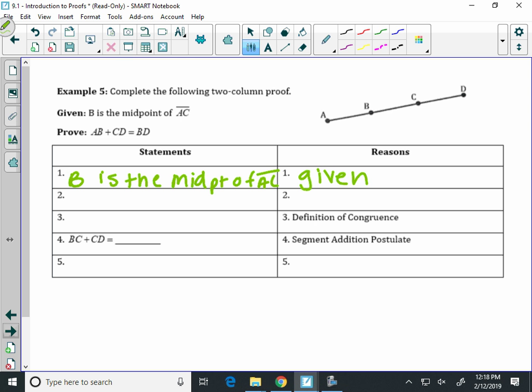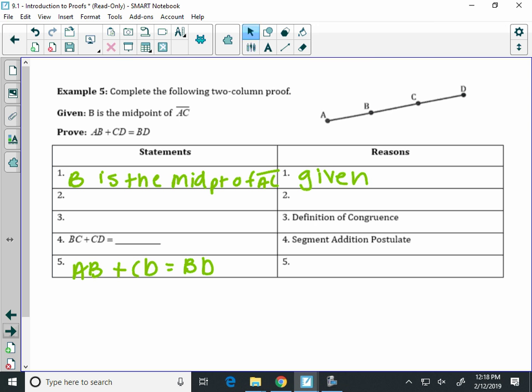Very good. We're trying to prove that AB plus CD equals BD. So then we just have to fill in the rest. Every single proof you do, what you're given goes first and your reason is given every single time. Your very last statement is what you're trying to prove every single time. We just don't know what the last reason is, so we leave that blank. But we know the first reason is given, because it's your given information.